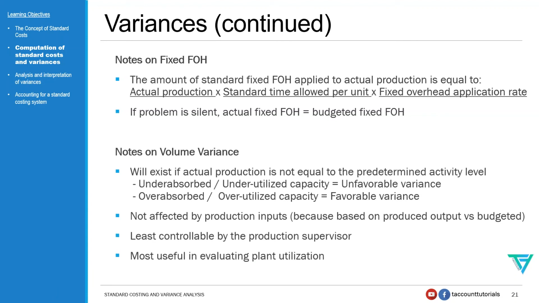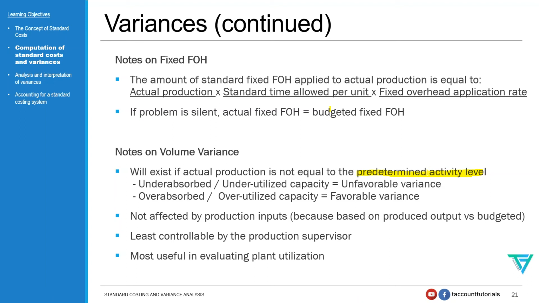Next, we have just a few notes here regarding volume variance. So volume variance will exist if actual production is not equal to the predetermined activity level. Okay, so when we say predetermined activity level, we're actually pertaining to the normal capacity of the plant. Okay, so in most cases, this is already given as a capacity data.